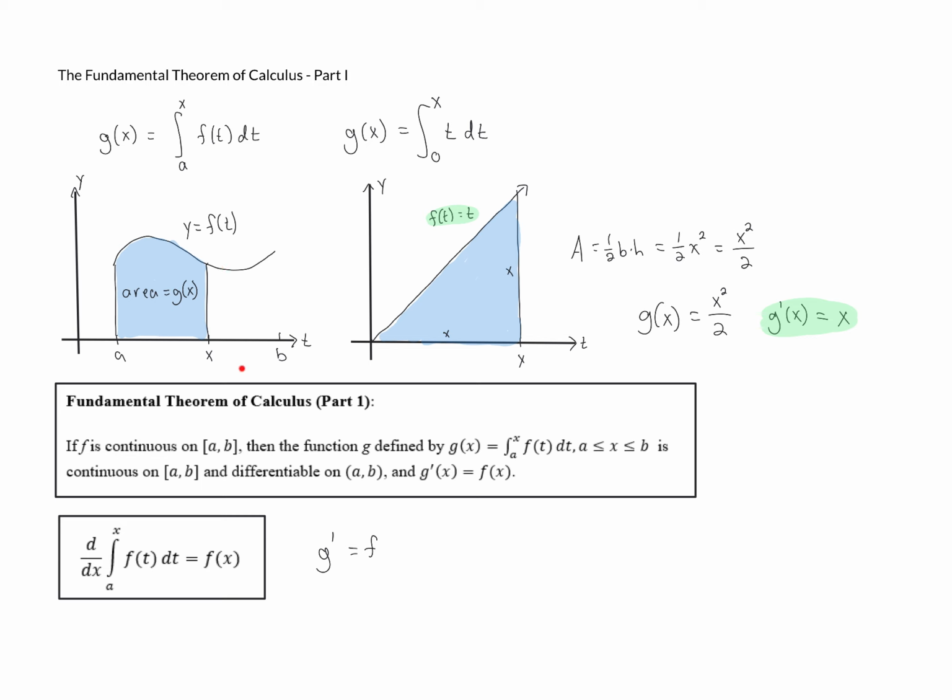If it dipped below the x-axis and we had a negative function, then we would start getting negative area as a contribution, and the area function would be decreasing. So we see that negative function values give us decreasing area, and positive function values give us an increase in area. And of course, the larger the function value gets, the quicker the area is increasing.